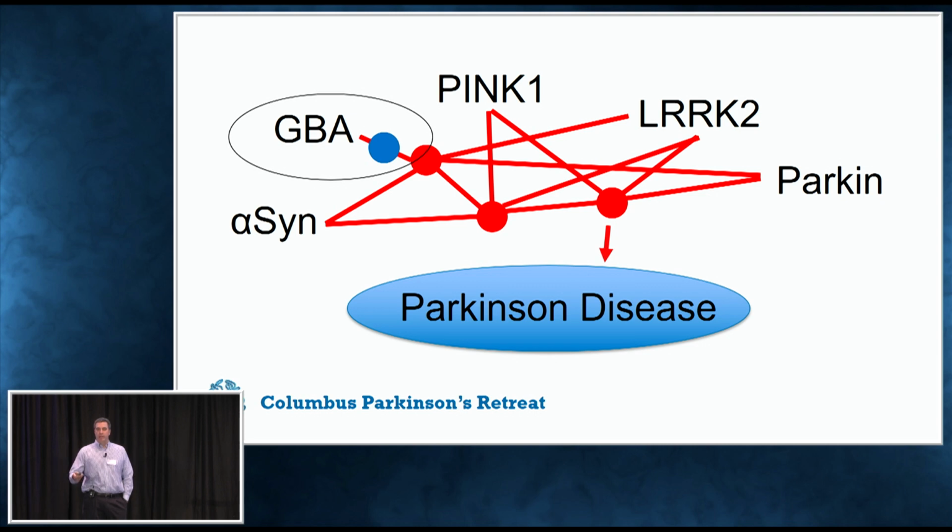We develop a molecule or viral approach to correct that function. Then for anybody who has GBA mutation Parkinson disease, we can give them that medication and stop it in its tracks.